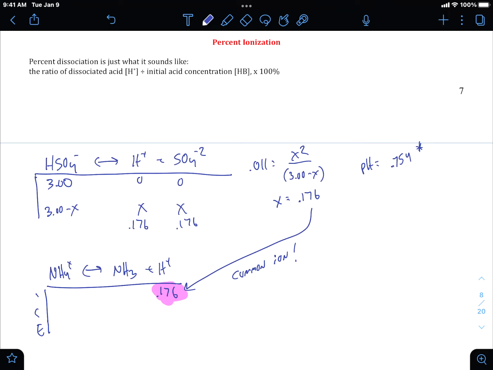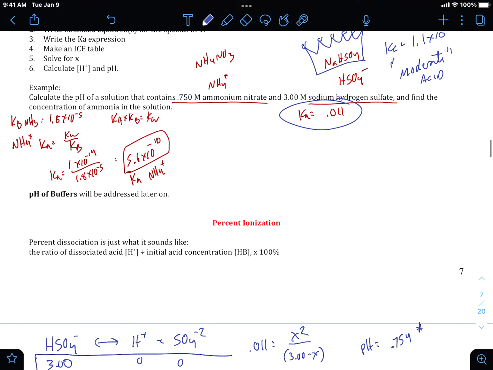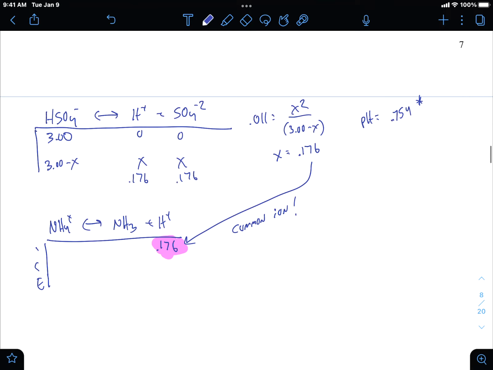Okay. All right. So where's my ammonium concentration? 0.75. 0.75. Okay, nothing there. Do I know which direction this equilibrium is going to proceed? There's something on the right side. Will this equilibrium go forward or will it go backwards?